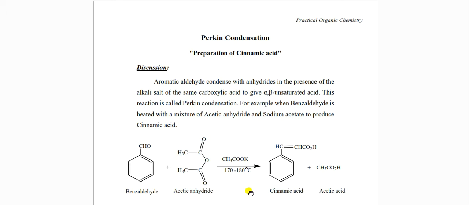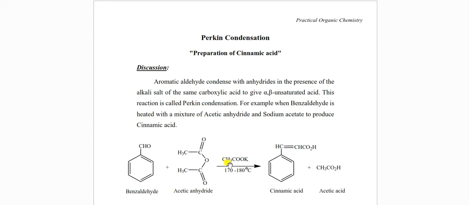The most important note in this reaction is that we have to use an alkali base, potassium acetate or sodium acetate as an example, similar to the anhydride used in this experiment. For example, if we use acetic anhydride, which contains an acetyl group, we have to use the acetate salt.